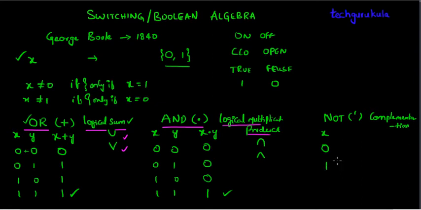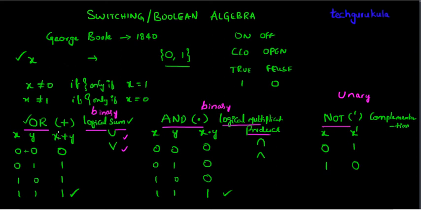If I take x bar, representing the NOT operation on x, it is the complement. The complement of 0 is 1 and the complement of 1 is 0, because in the set we only have two values, so the complement is the other one. So this is a unary operation, and these others are binary operations.